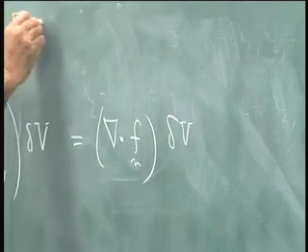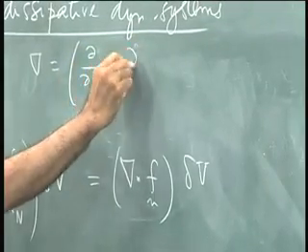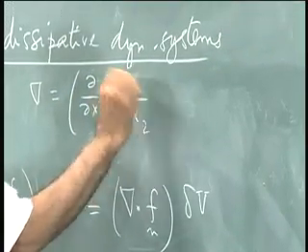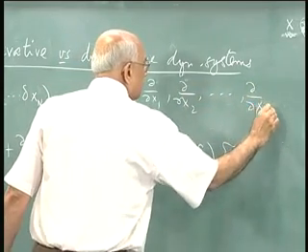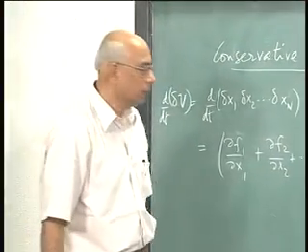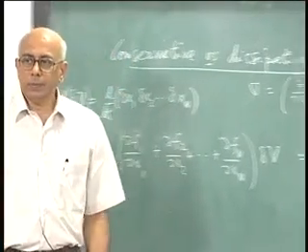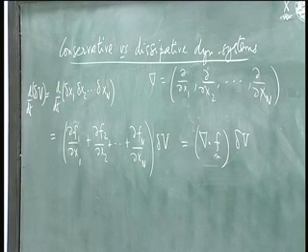Remember, the del operator is just a vector with components delta over delta x1, delta over delta x2, delta over delta xn. As you should expect, this is in fact the geometric meaning of the divergence.